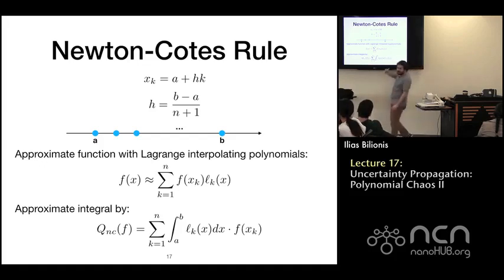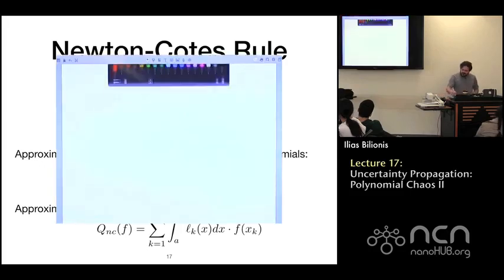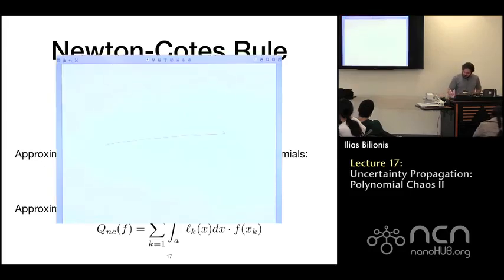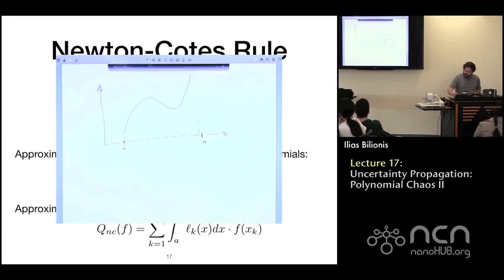So you take your, let me draw it. So the idea is to take your function, it's from a to b, here's your function, all right. You pick equidistant points. Let's pick 1, 2, 3, 4, 5 points.